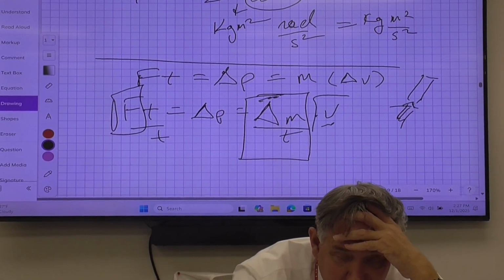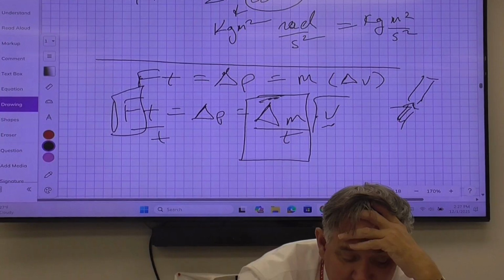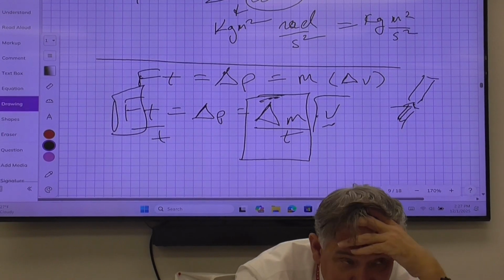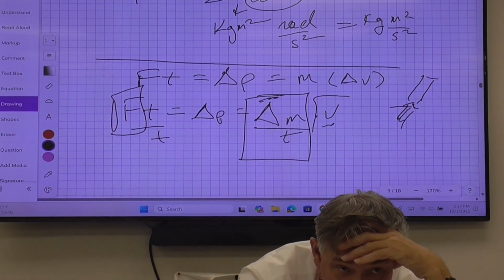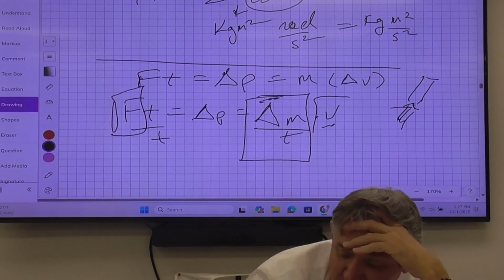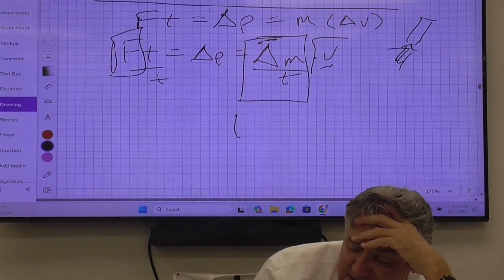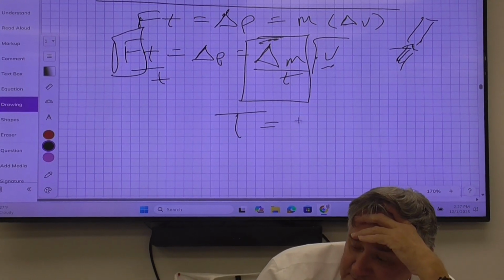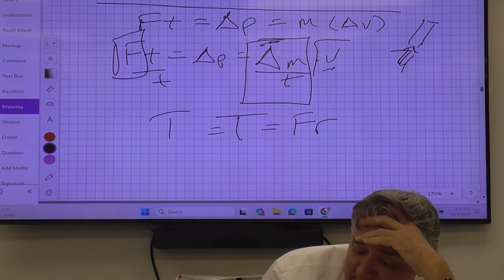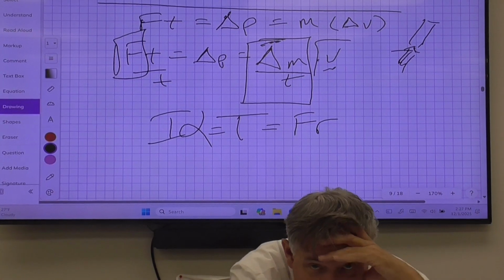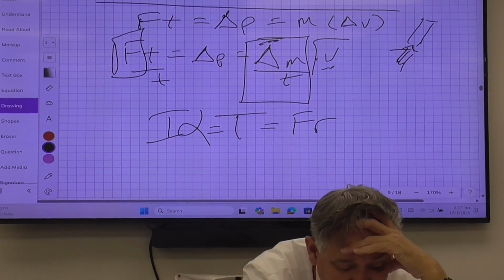When you get to number 4, you have a solid cylinder. Moment of inertia of a solid cylinder is 1/2 mr squared. Do not use mr squared at number 12. Remember, torque equals 2 things. What are the 2 things that torque equals? Force times radius and I alpha. Keep that in mind.